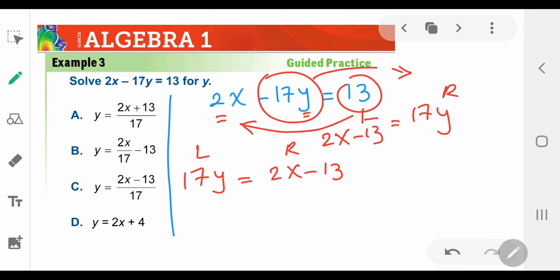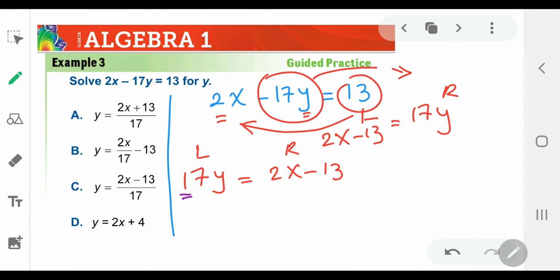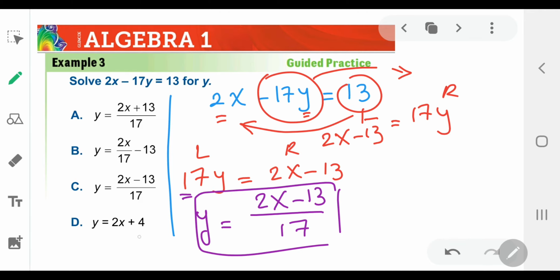Now the last step to isolate the y is to get rid of this 17. As in the previous example, 17 is multiplied by y. To isolate y, I would divide the whole right-hand side by 17. The 2x minus 13 is all divided by 17. Which answer is this one? It is C.